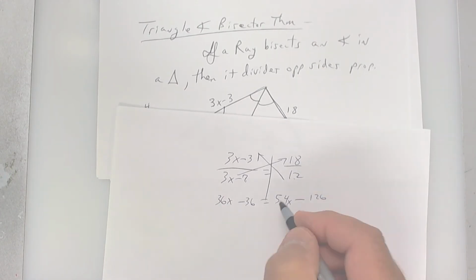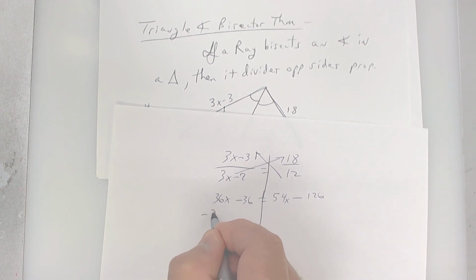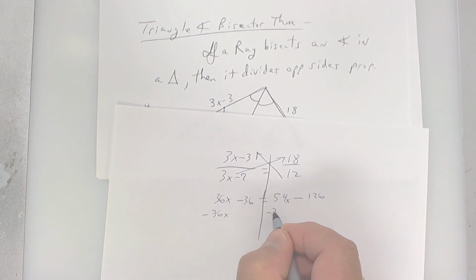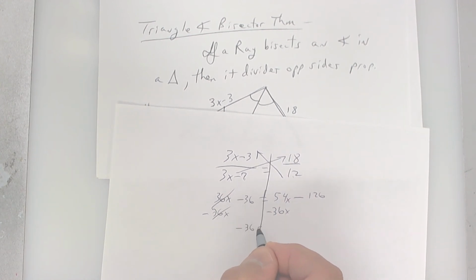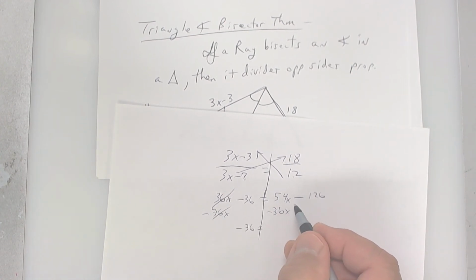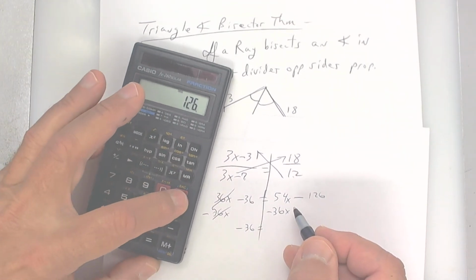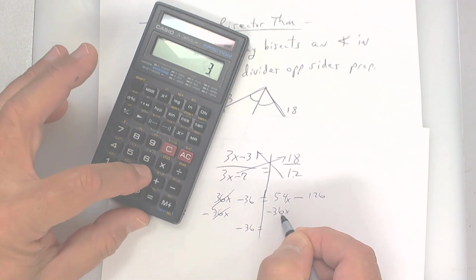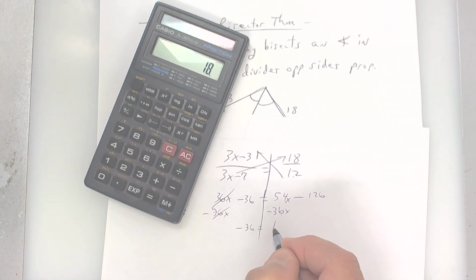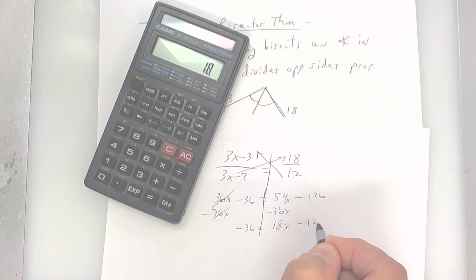All right, so now draw your line. You want to subtract 36x from both sides because that's smaller. So you're going to get a negative 36 there. So 54 minus 36 equals 18x minus 126.